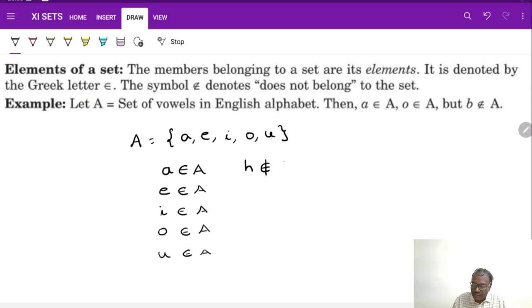H does not belong to set A. Similarly, B does not belong to set A. This is how we do the representation. I hope it's clear. We use the epsilon symbol to show that it belongs to the set A, and the epsilon with a slash says that it does not belong to.